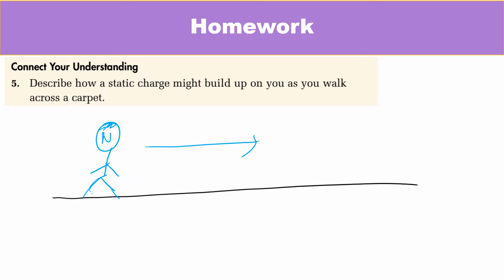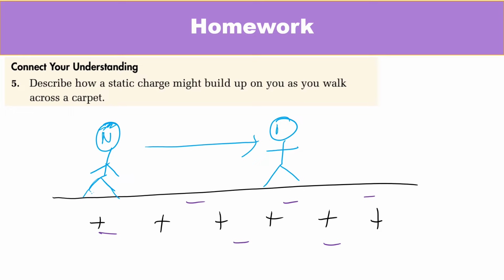If he walked across the carpet, what happened is, inside of the carpet, we have equal amount of positive charge and equal amount of negative charge, which I like to more randomly put these. 1, 2, 3, 4, 5, 6. There you go. As Noah walked across though, there are 2 different types of situation that can happen.